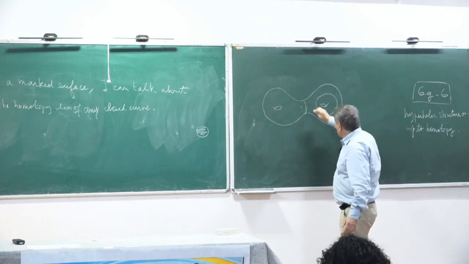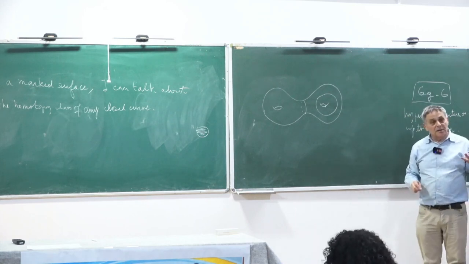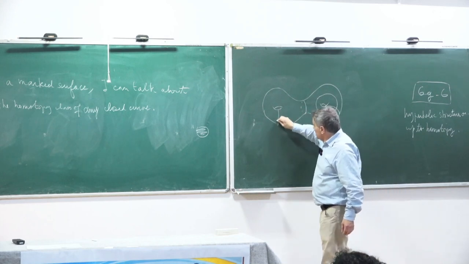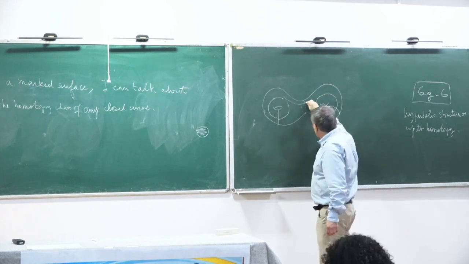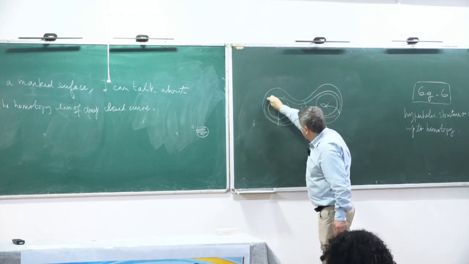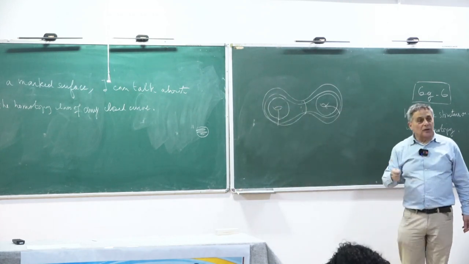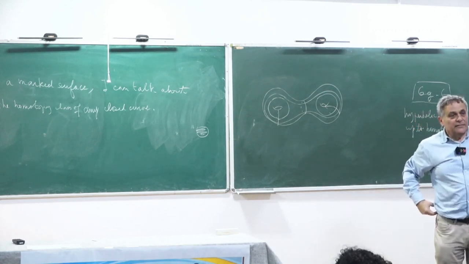This is a closed curve. It's not shrinkable to a point. This is a closed curve. This is a closed curve. This is a closed curve. And then I have one here. I have one here. And then I have more. Do I have more? I have many more, right?